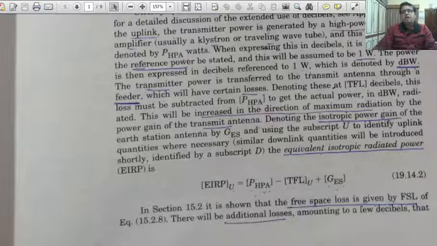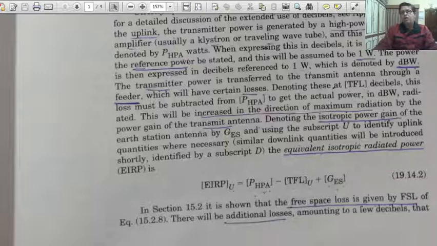This will be increased in the direction of maximum radiation by the power gain of the transmit antenna, denoting the isotropic power gain of the earth station antenna as GES. ES is denoted for earth station and G for isotropic power gain, using the subscript U to identify uplink quantities where necessary.